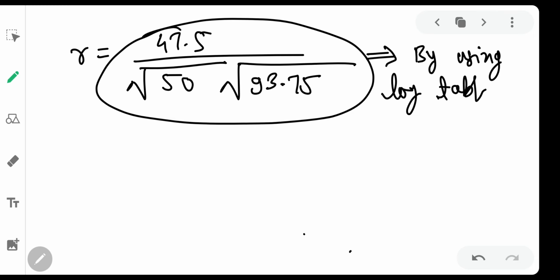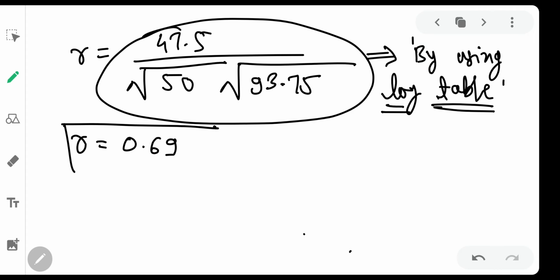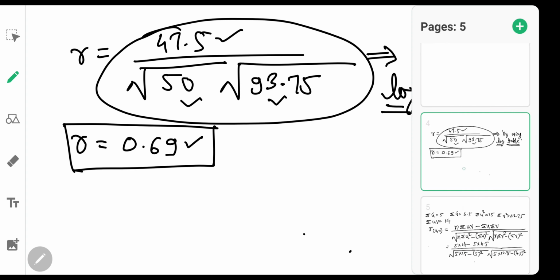I am going to prepare a separate video for the use of log tables tomorrow, and you have to watch that in order to understand how to simplify this further. So I will write down the answer directly, which is 0.69. So our coefficient of correlation for this particular sum is 0.69. And if you need to understand how to calculate this using log table, please do watch tomorrow's video, which will be uploaded at 4 p.m.